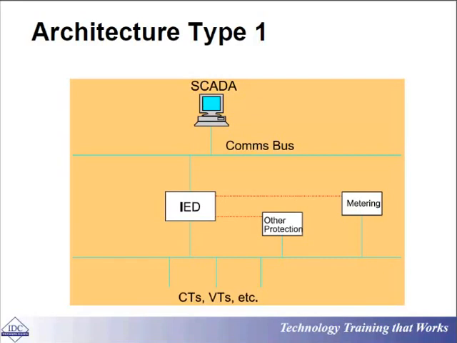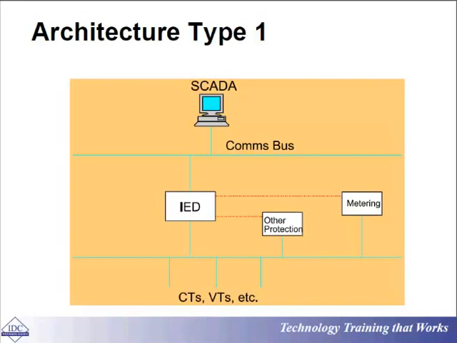A very simple one could be architecture type 1, where you just give all this responsibility to one IED, which is connected to others. Let's say that IED is a very multifunction, modern protection relay, all right? It can be also connected to other protection relays and also metering. So the inputs of CT, VT, something, and the output goes to the comms bus.